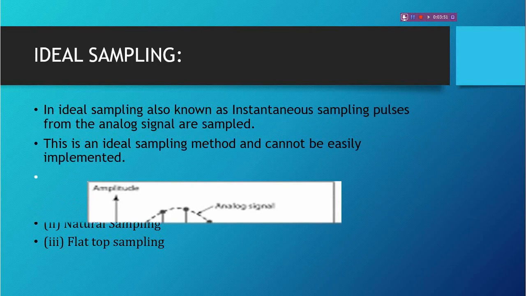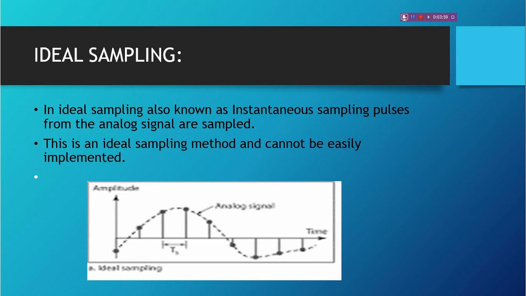The first method is ideal sampling. Ideal sampling is also known as the instantaneous sampling process. In this method, the analog signal is sampled at a particular time interval, or at an instant, and we take the sampled value of the analog signal.